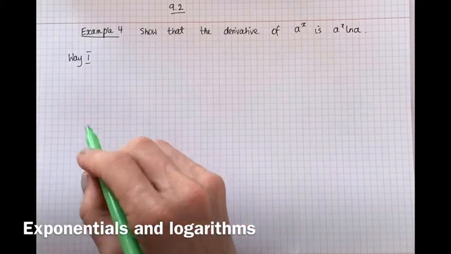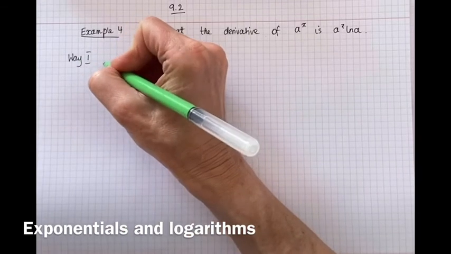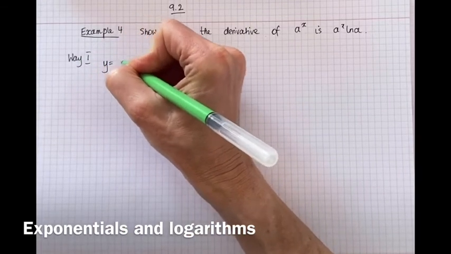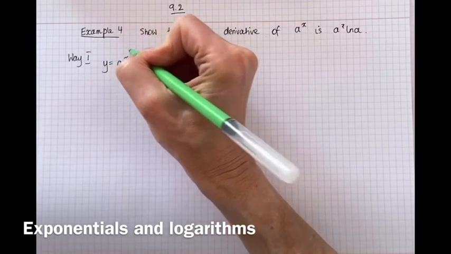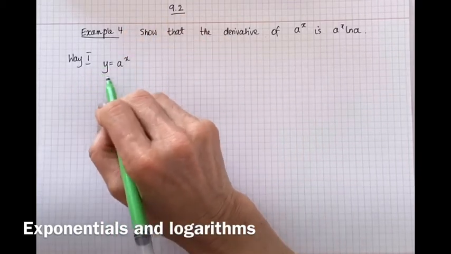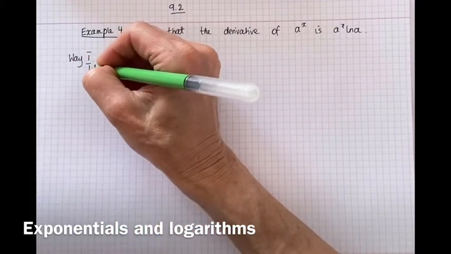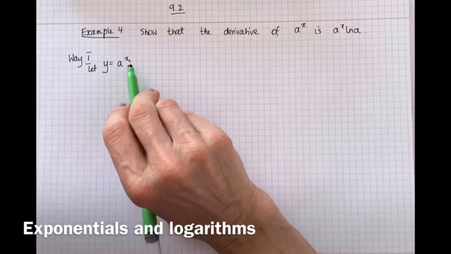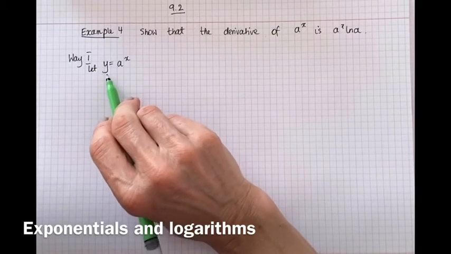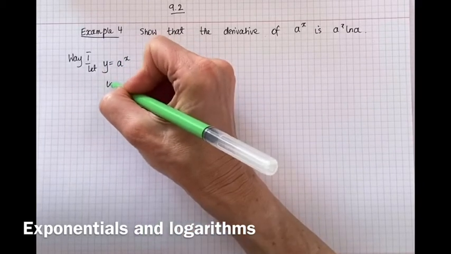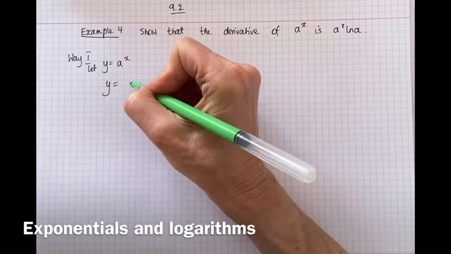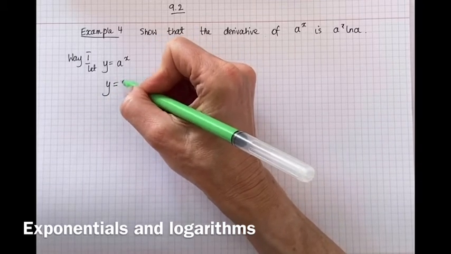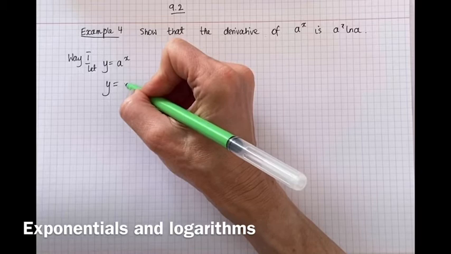Okay, way one is to start off with y equals a to the power of x. You need to rewrite it in terms of exponentials. So remember, e and ln cancel each other.